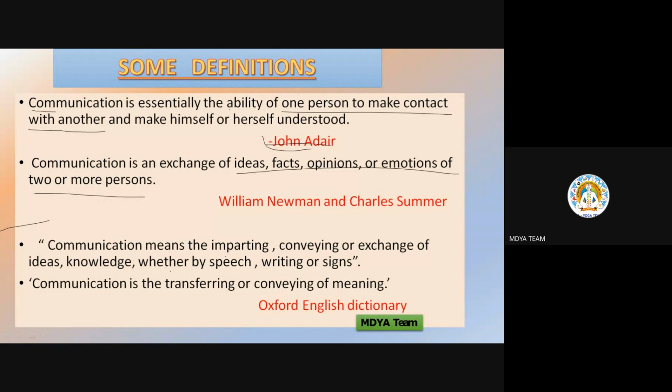It can be oral speech, writing, or signs, symbols, gestures. Communication is transferring or conveying of meaning: getting across what we want to say in a way that others can understand and interpret correctly.